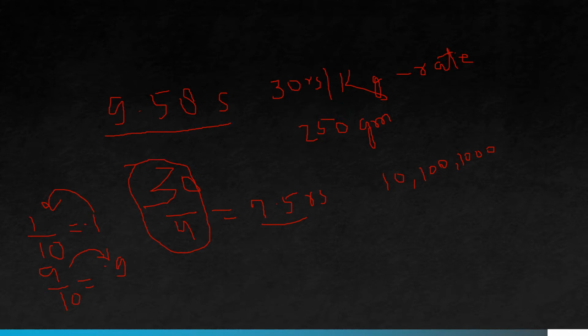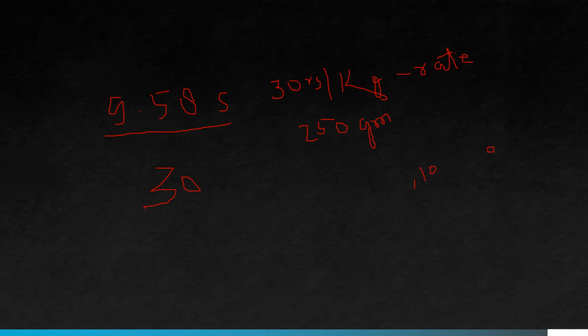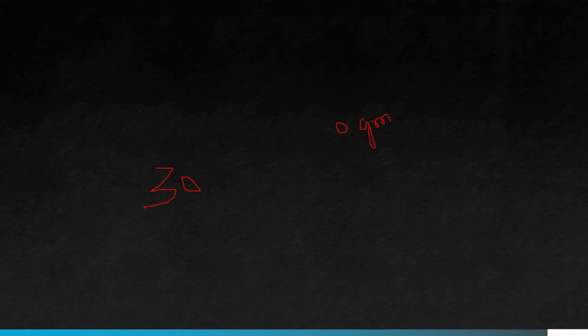Okay. So our next topic is, I'll show you how you can easily convert a decimal fraction to a decimal. For an example, let's say we have 1 upon 10.